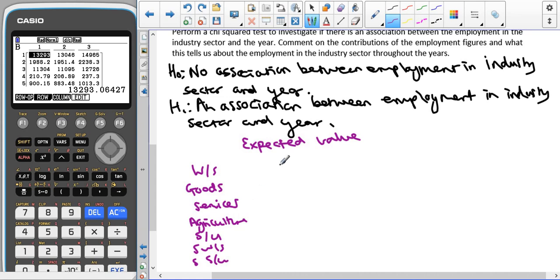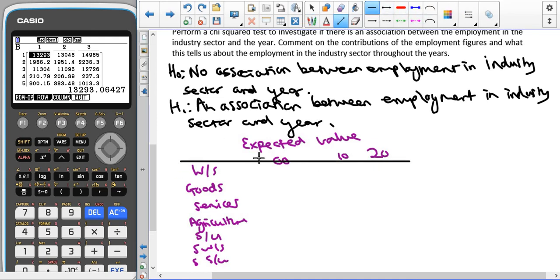Yeah, and I'm going to have 00, 10, and 20. As long as you can see which ones are which, it's fine. I mean, ideally you would write out the whole thing, but because there's quite a lot of them here, I wouldn't expect you to take the time to do that. So I'm just going to pause the video while again I write these values here in this table.